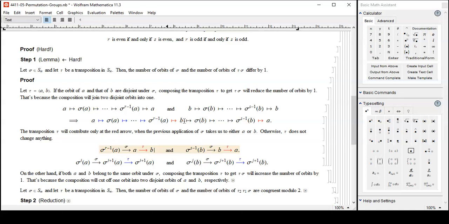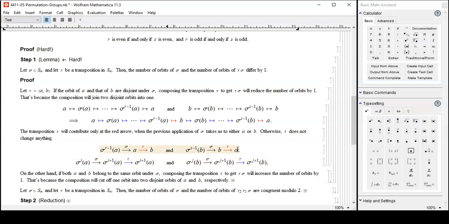And then we do the same thing from B to sigma of B, and then the next, and then the next. Each time, just using sigma versus using tau sigma makes no difference, like this. The j-th power of B, and then the (j+1)-th power of B, and that's it.